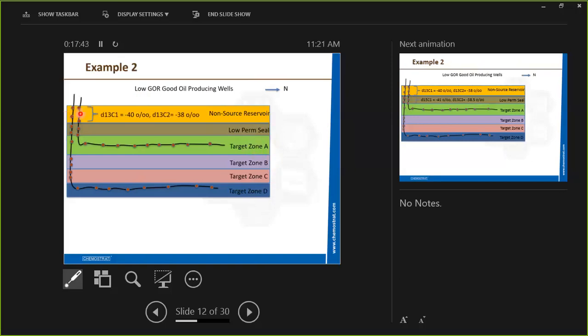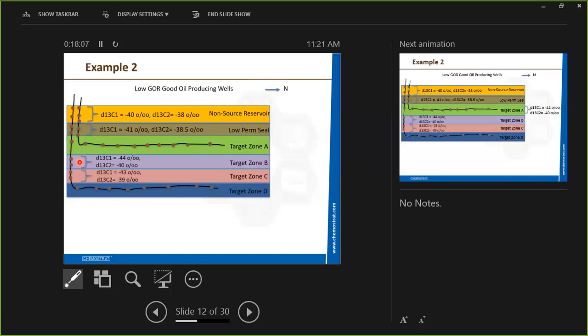So again, whenever we're collecting these mud gas samples while drilling, whenever we look at the δ13C of the methane and the ethane, it's about -40. We go into the seal zone. We get something that's a little bit isotopically lighter, but not very much. And then whenever we step into target zone B, you see a pretty big change.